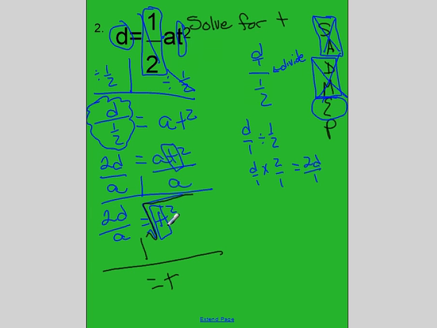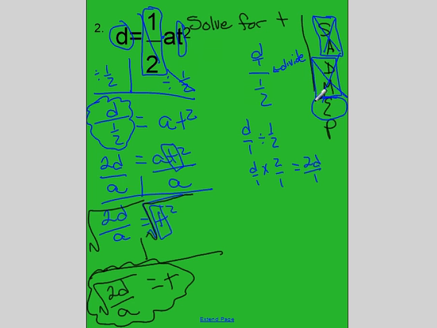I can't do it just to one side, though. I have to do it to the other. So my final answer is going to be t equals the square root of 2d over a. How's that for a complicated one, guys? Just take it step by step, following SADMEP the entire way.